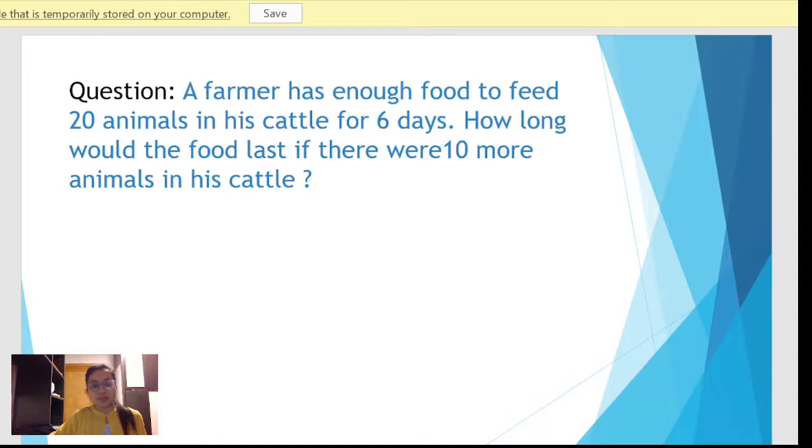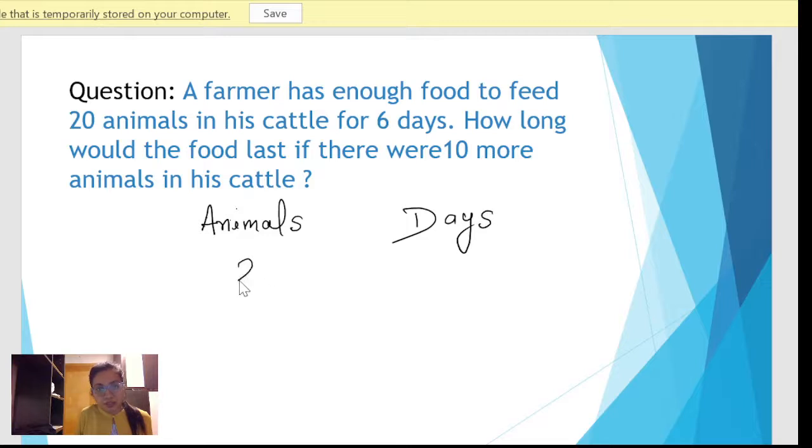So the problem is, a farmer has enough food to feed 20 animals in his cattle for 6 days. How long would the food last if there were 10 more animals in his cattle? Write the data: animals, and here days.